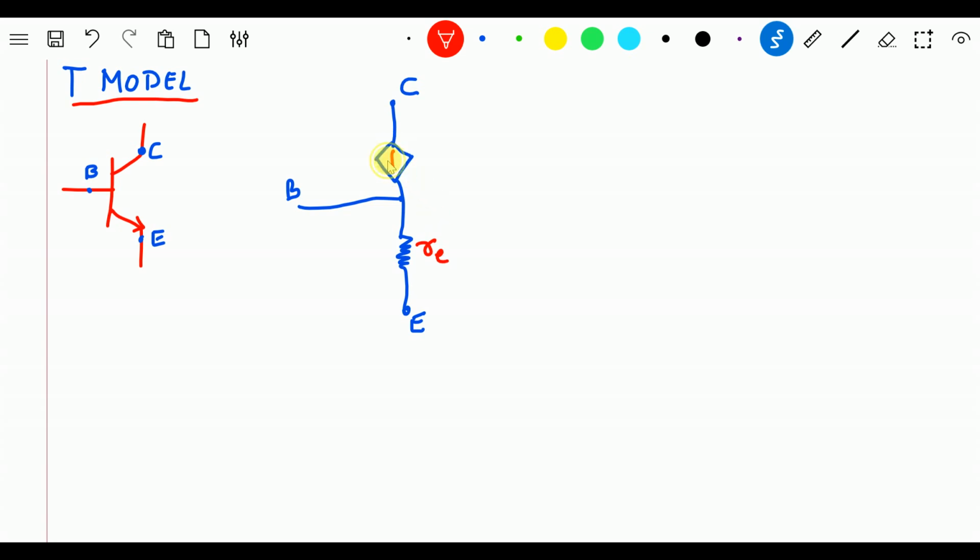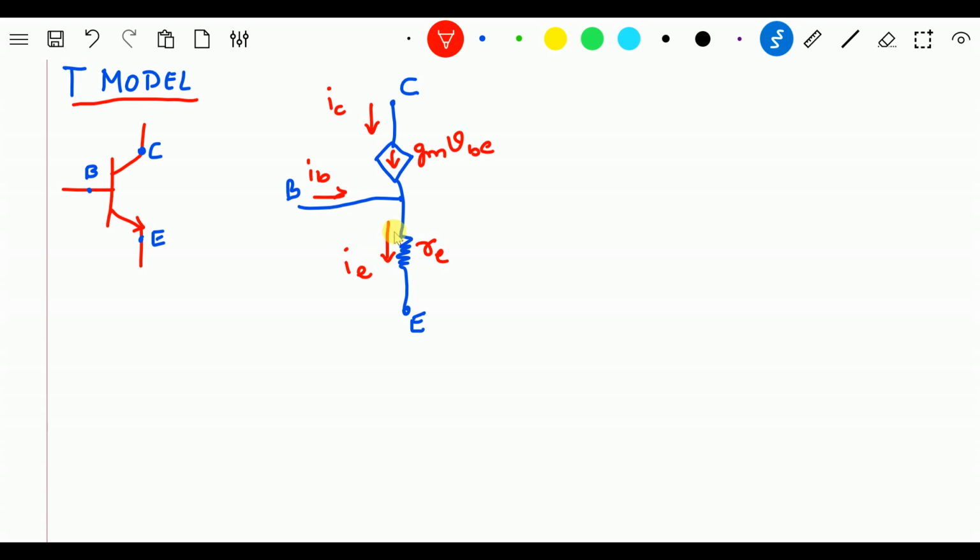And this will be what? A current source with GM into small VB. Anyway, this is your collector current IC. This is your base current IB. And this is my emitter current small i.